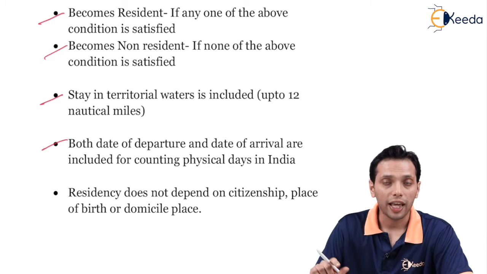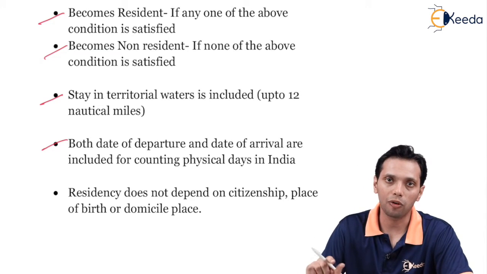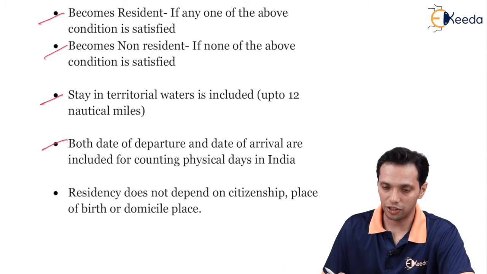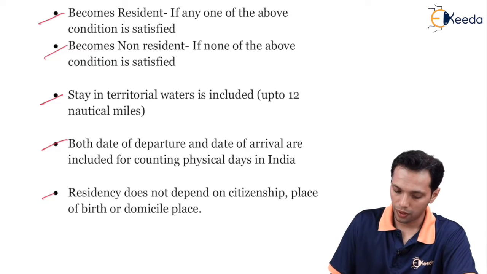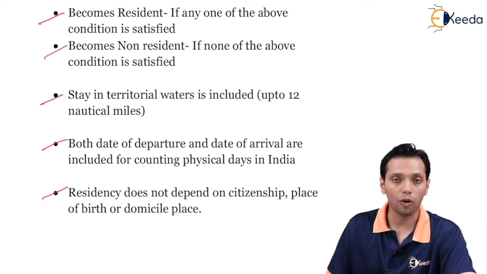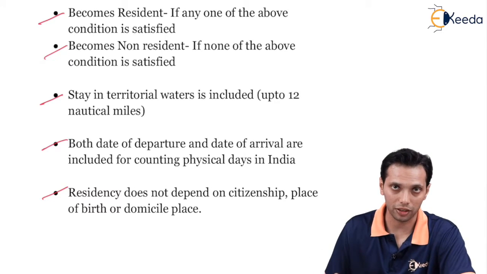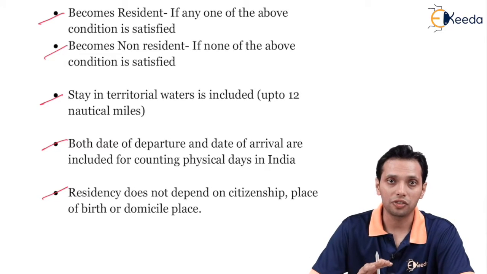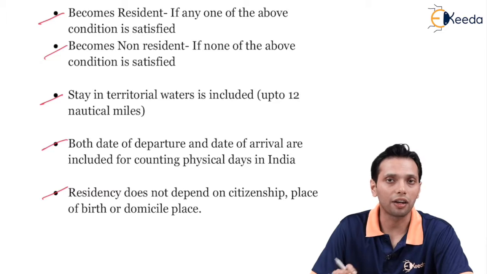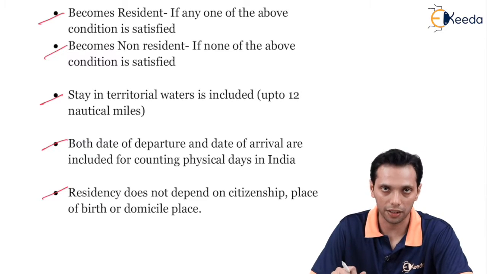So the first and the fifth day both will be included for counting the physical number of days for the purpose of determining the residential status of the individual. Last point is residency does not depend upon the citizenship or place of birth or domicile place. So residential status is strictly based on the person physically present in India. It does not depend whether he is an Indian citizen or a foreign citizen.